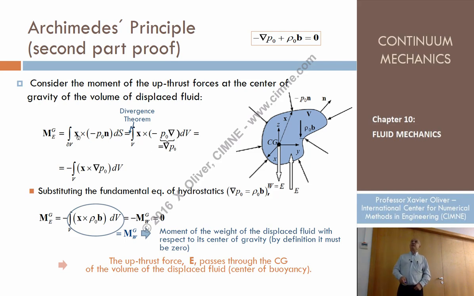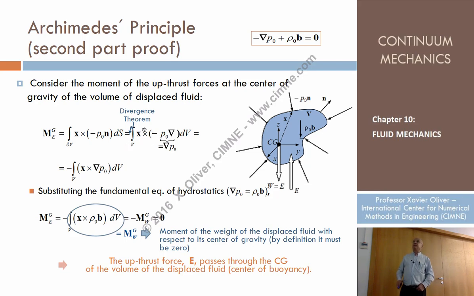The expression is the integral on the boundary of the forces times the vector of position at every point. And now again, since this is a continuous problem, we can apply the divergence theorem. So we replace the normal times nabla, and we replace the integral on the boundary by the integral on the volume.